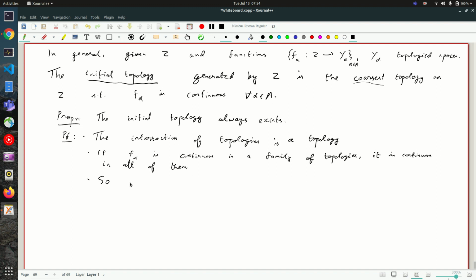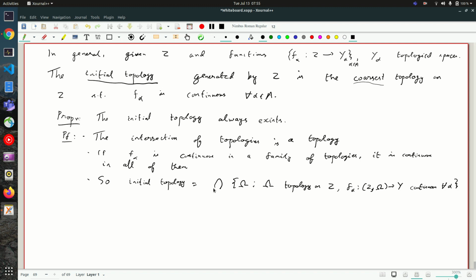So, the initial topology is the intersection of all omega such that omega is a topology on Z, and f alpha from (Z, omega) to Y alpha is continuous for all alpha.